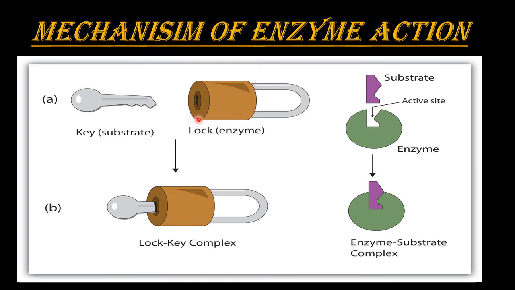The substrate fits itself into the active site of the enzyme, and then the enzyme substrate complex is formed and the reaction is forwarded. Clear? If the key fits the lock, a lock key complex is formed and the lock is opened. In this way, that structure is clear.